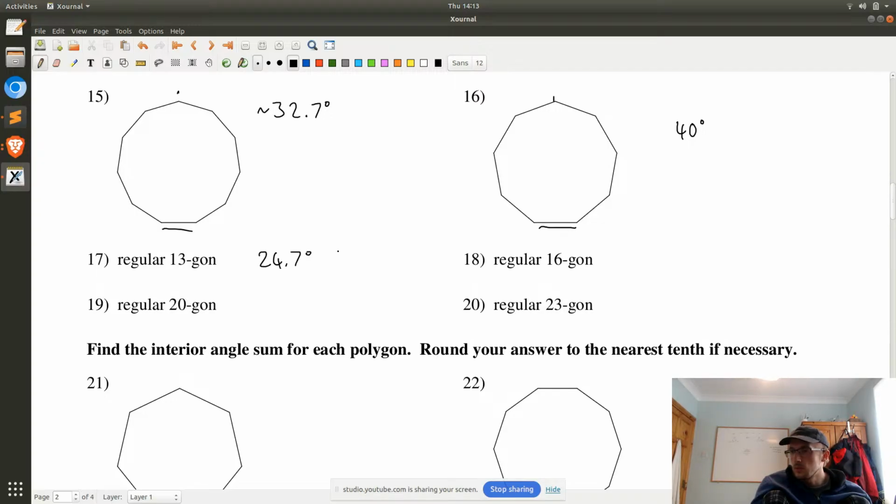So that would actually be closer to 6. That's closer to the truth. Regular 16gon, 360 divided by 16, so 180 divided by 8, so 90 divided by 4. So we obtained 22.5.